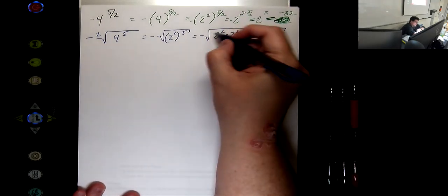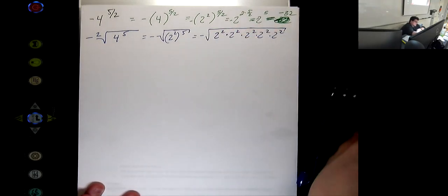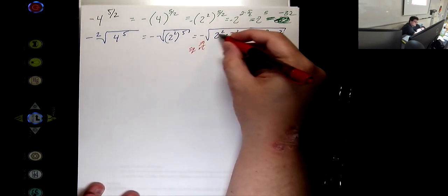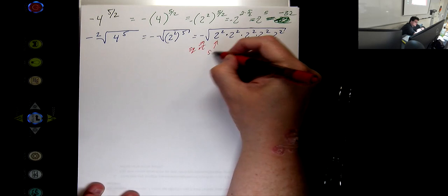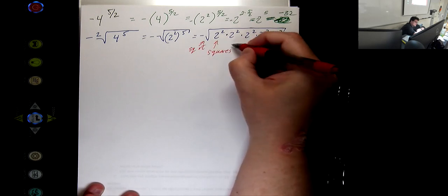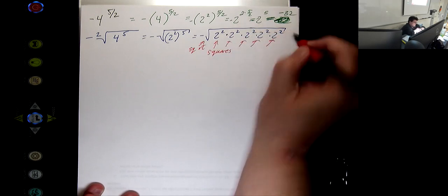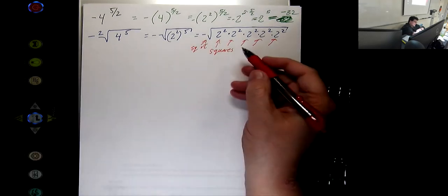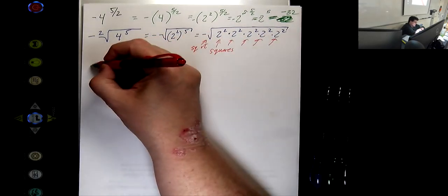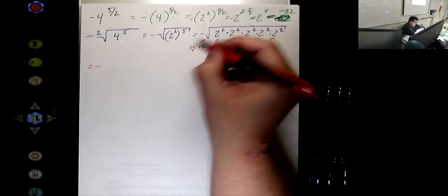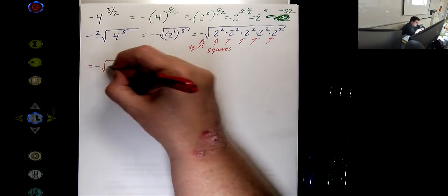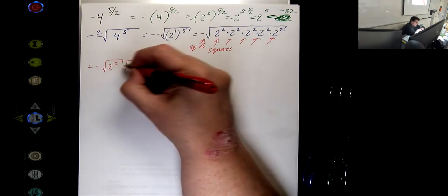Since this is a square root, and these are perfect squares, I can rewrite this, got my negative out there, but as long as these are just multiplication signs, I can make these different square roots, all multiplied together.